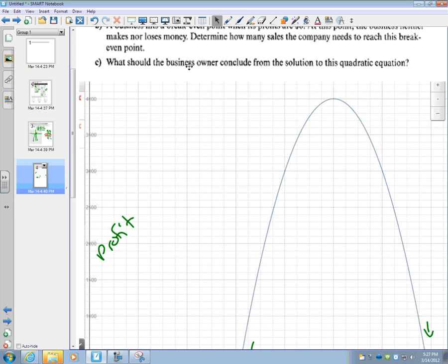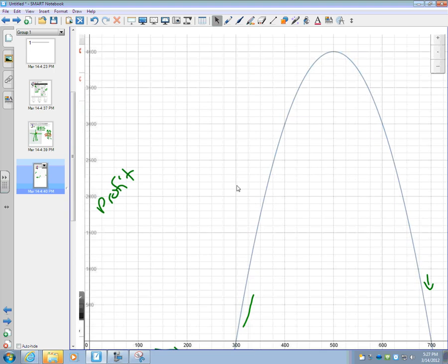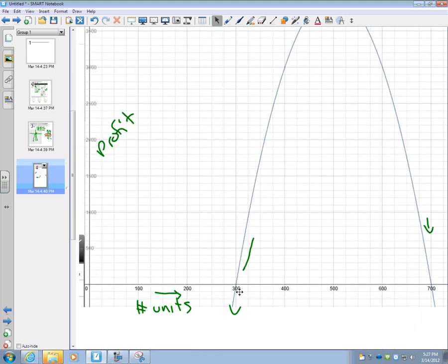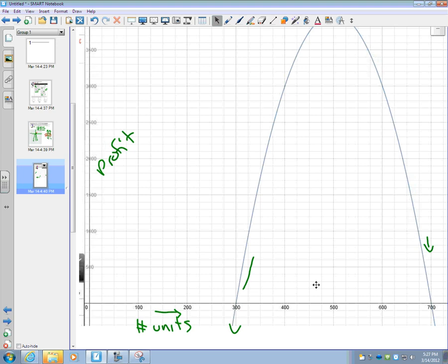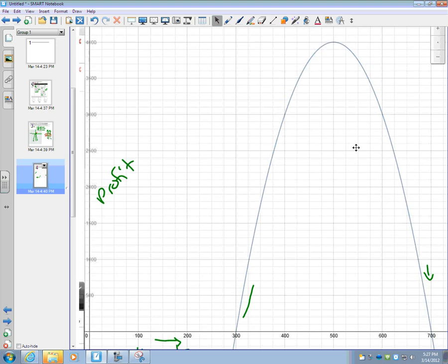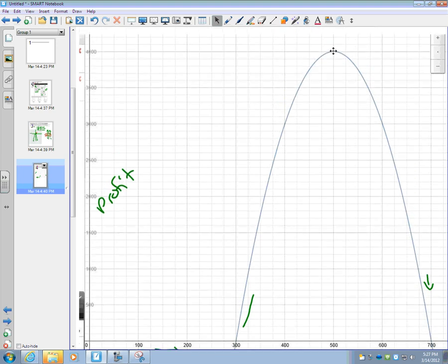What should the business owner conclude from the solution to this quadratic equation? Well, they should conclude that they need to make more than 300, but less than 700 units. From that solution, they know they need to make somewhere in between. And from this graph too, they know they could maximize their profits right here by making 500 units.